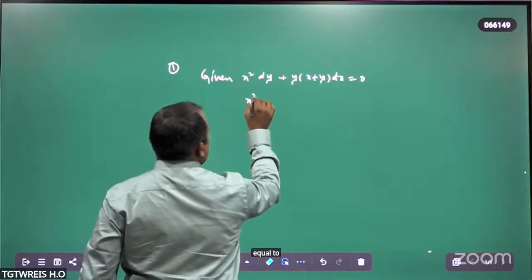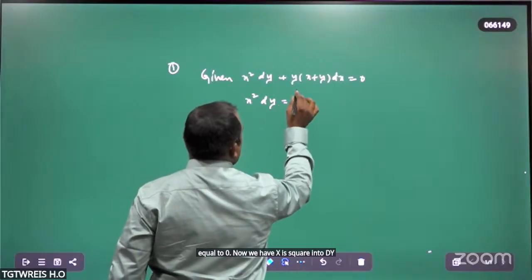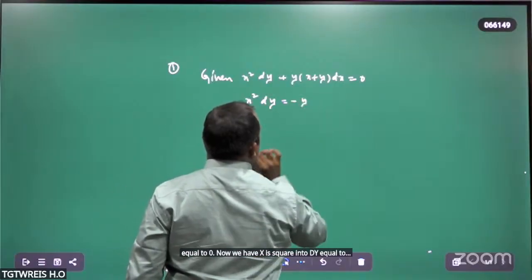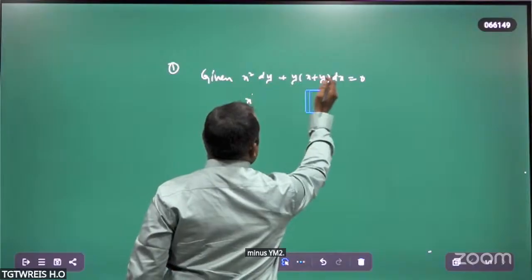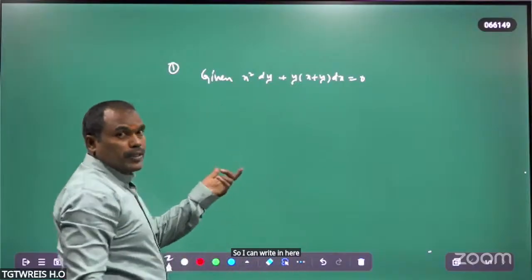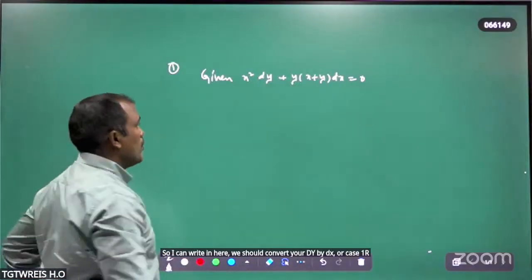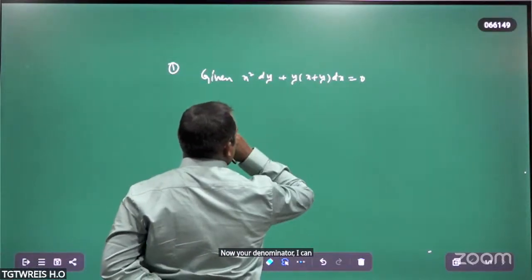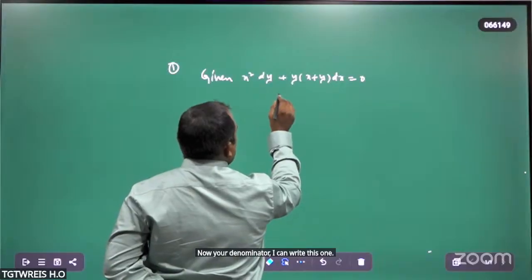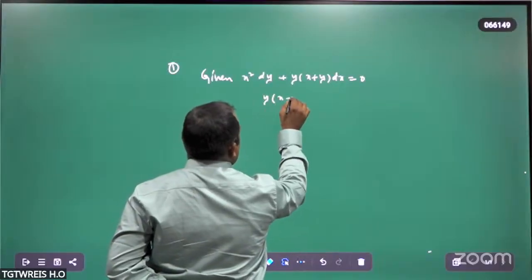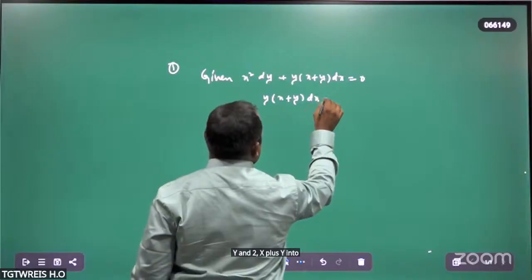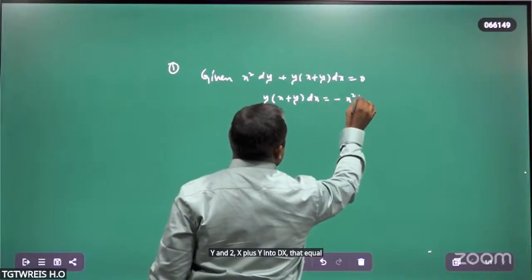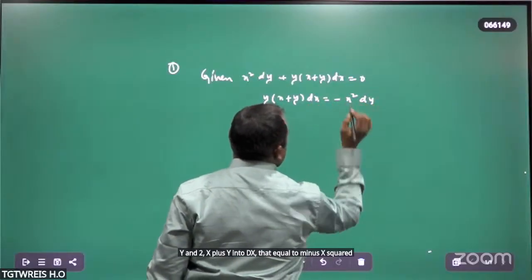Now here x square into dy equals minus y into x plus y into dx. We should convert to dy by dx, case 1 or case 2 form. Now here the denominator I can write like this: y into x plus y into dx equals minus x square into dy.